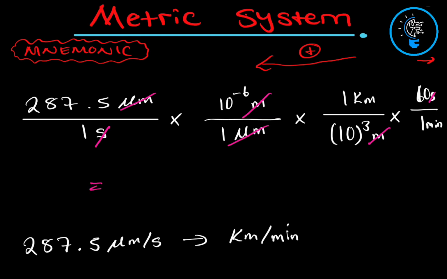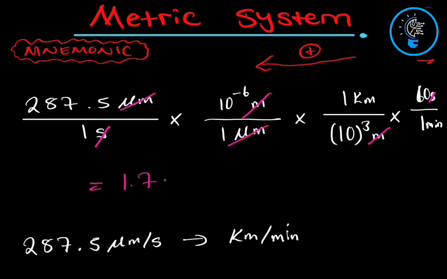Let's punch it into our calculator and see what we're getting. 287.5 times 10 to the power negative 6 times 60. Okay, that value has to be divided by 1,000. So we need to divide it by 1,000, or 10 to the power 3.